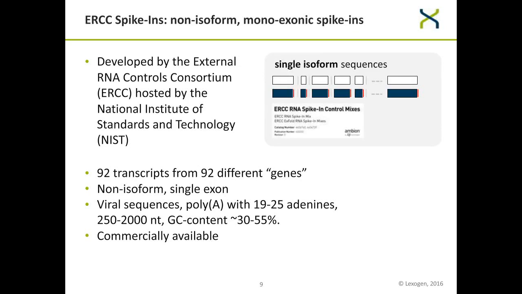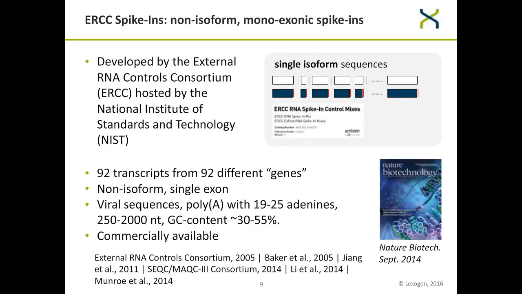They have viral sequences, and they mimic human mRNAs to a large extent, meaning that they have a similar size range and GC content, and they also have a poly-A tail. Now, they've been commercially available for quite some time, so there's a large number of publications, from the 2005 original publication up to the ERCC dashboard from Sarah Munro at NIST.